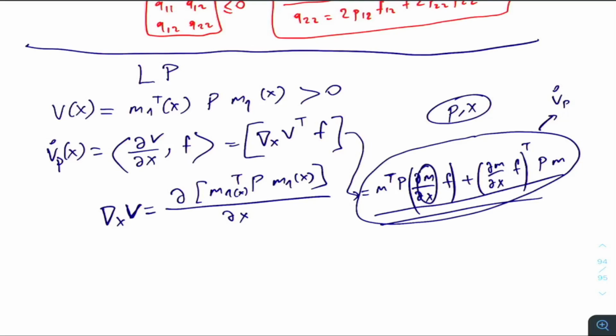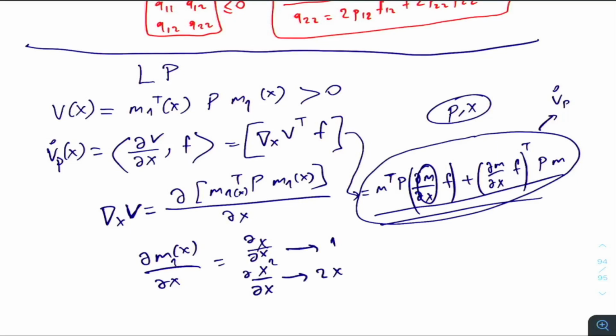Here again, remember that in M1 of x, for example, we included x and x squared in our basis function, and the derivative is 1 and the derivative is 2x.